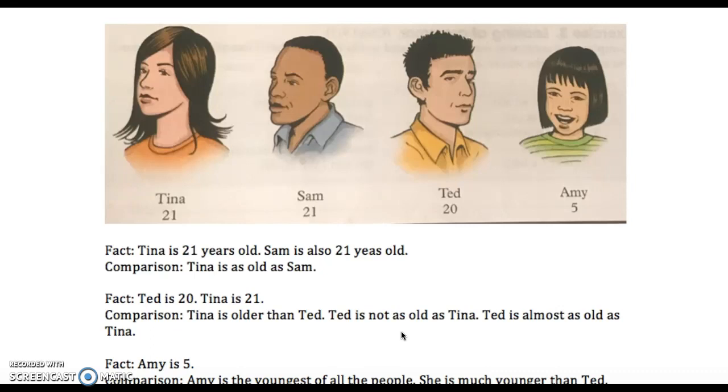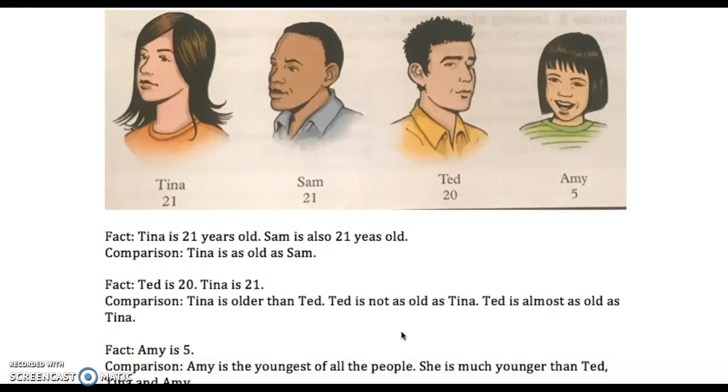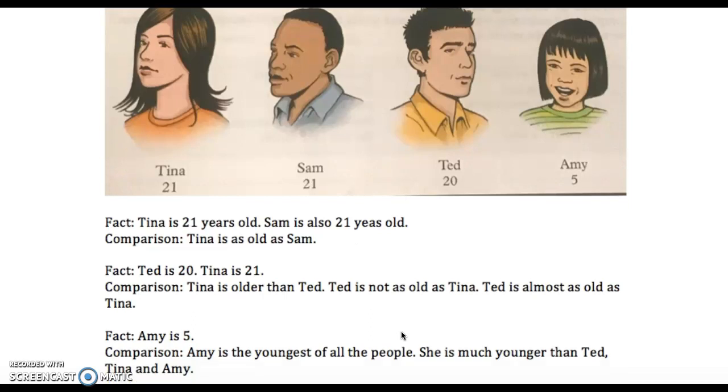So if we look at their ages, we can see Tina is 21, Sam is 21. So the comparison for these two would be Tina is as old as Sam.